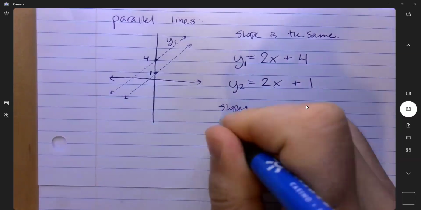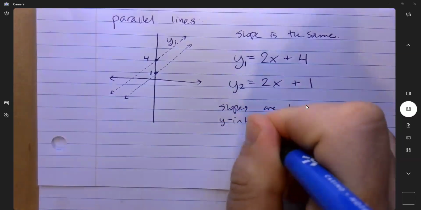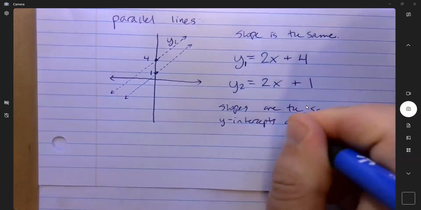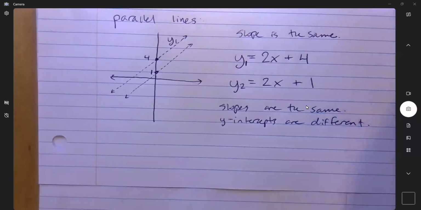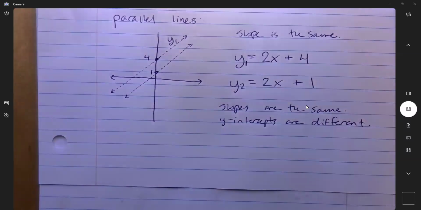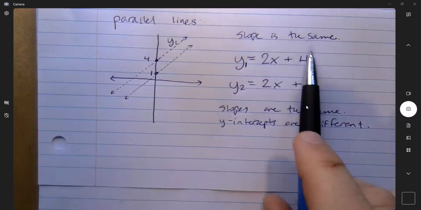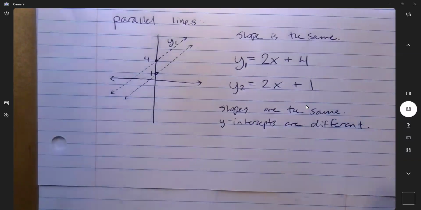The slopes are the same, but the y-intercepts are different. And that's all you need to know in order to know that two lines are parallel. If you have two lines with the same slope and a different y-intercept, then they're parallel.